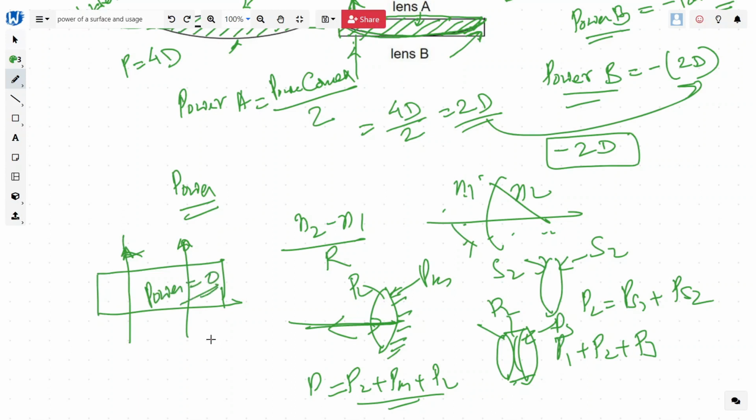Like this, if we have cut off two lenses, lens number 1 and lens number 2, then the power of this one and this one is going to be equal to 0.